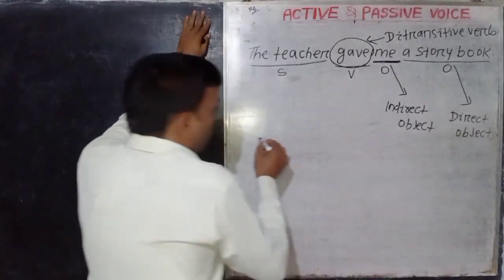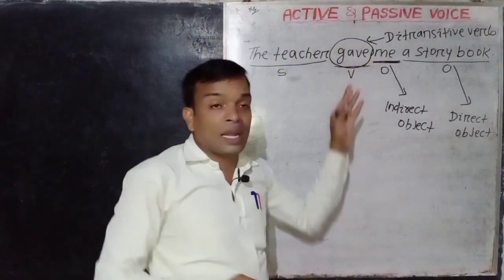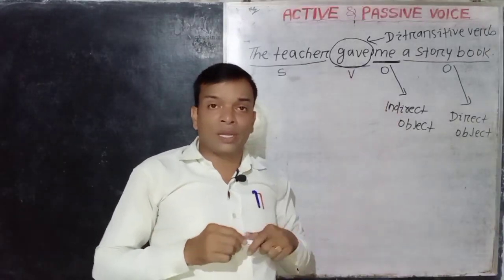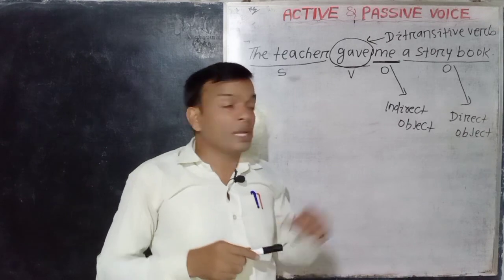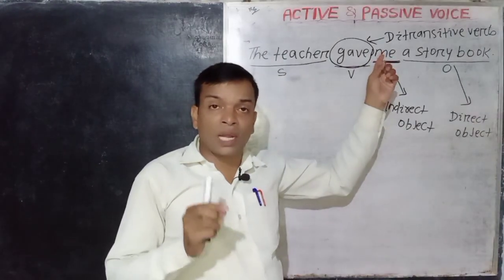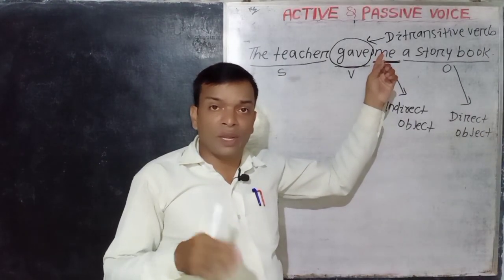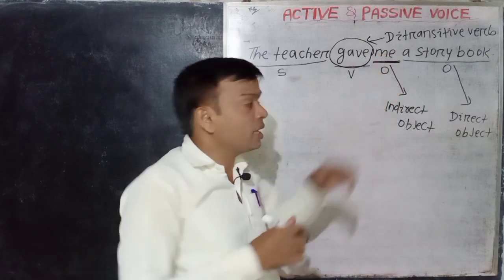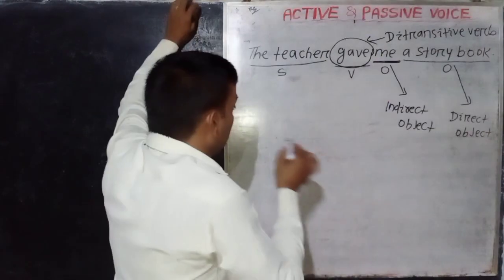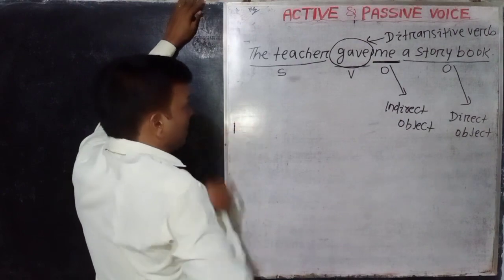When you use it, the indirect object will take the subject position, so you must convert this objective form into the subjective form. As there is me, I will write here I.